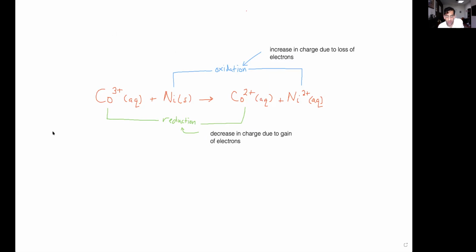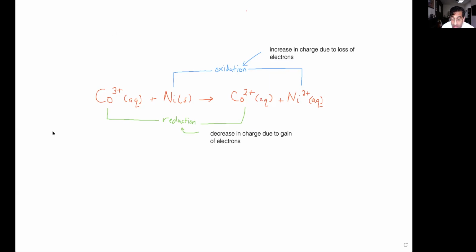Okay, so we remove electrons, our charge increases. We add electrons, our charge decreases. That's the first thing. Now, this is unbalanced with respect to charge. We may have the same amount of moles of each element on left and right.